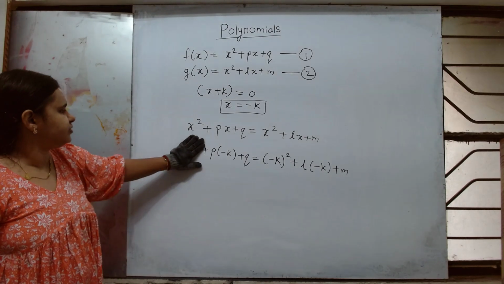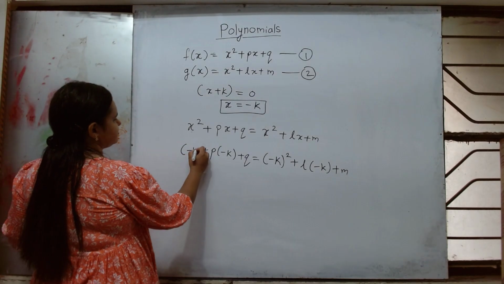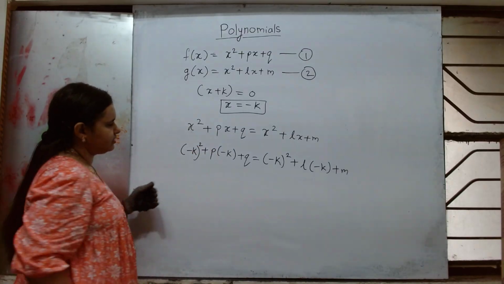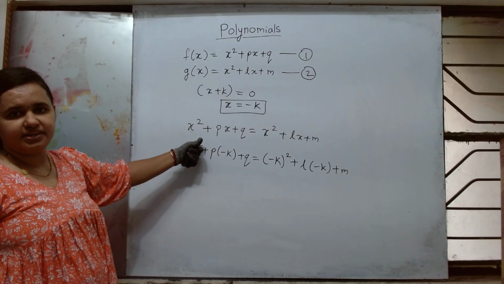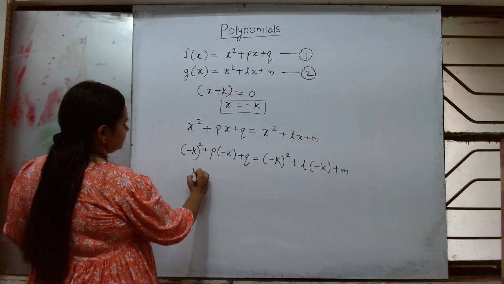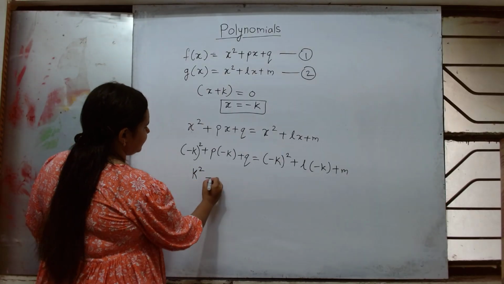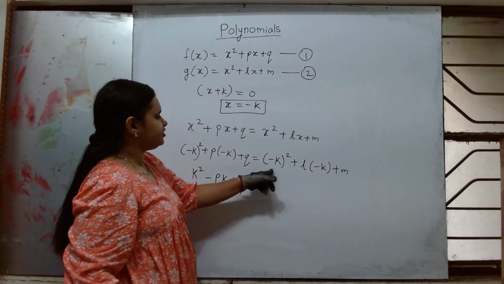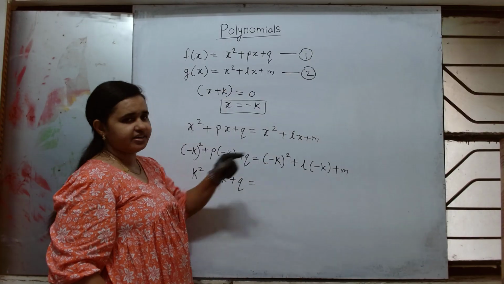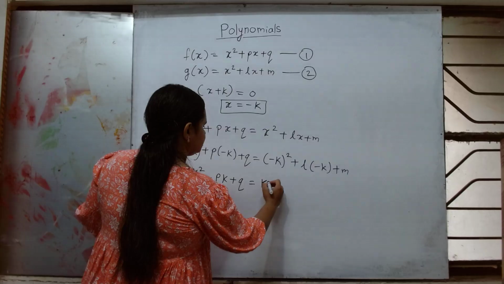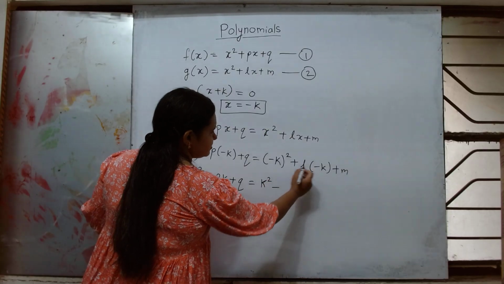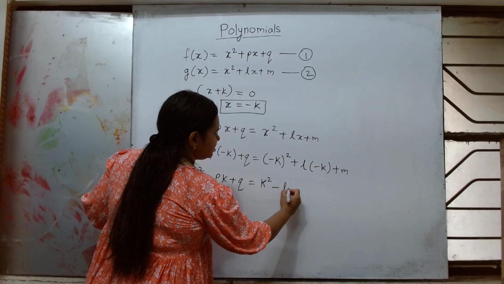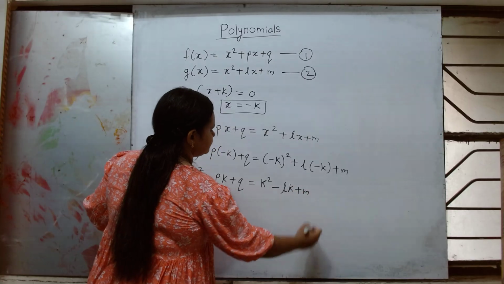Here it is x square, that is minus k square, and minus k square is k square, minus pk plus q, which is equal to k square, minus L into minus k is minus Lk, plus m.